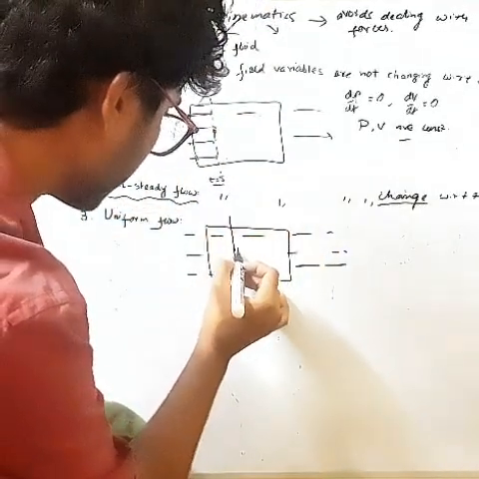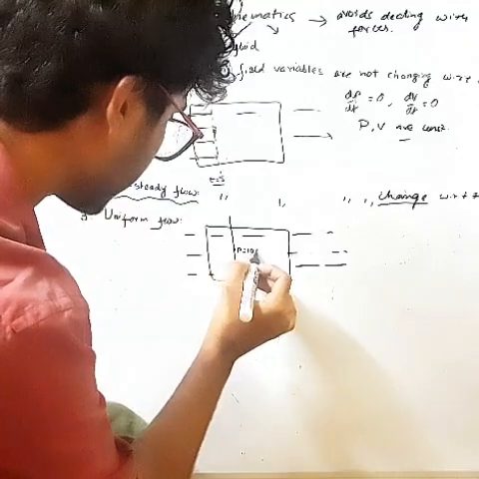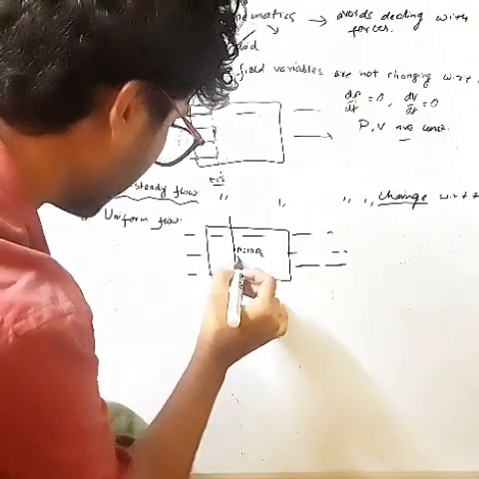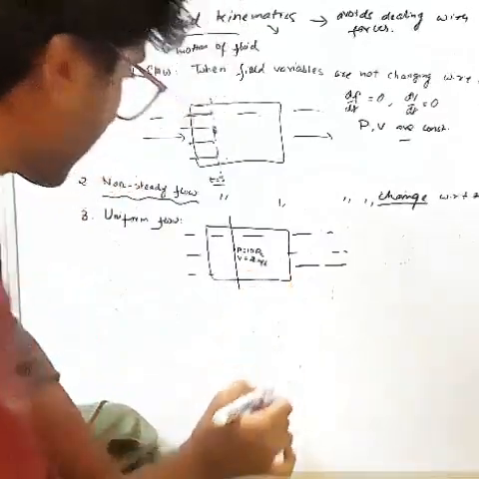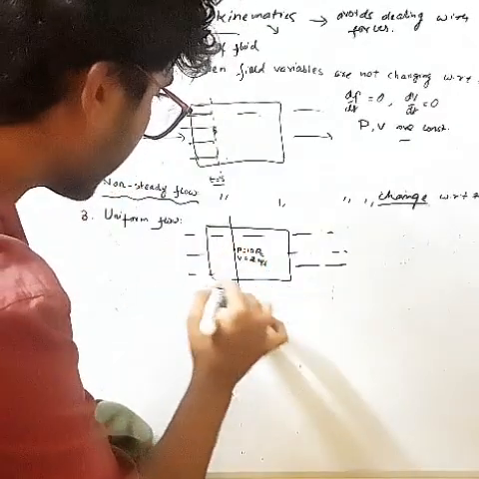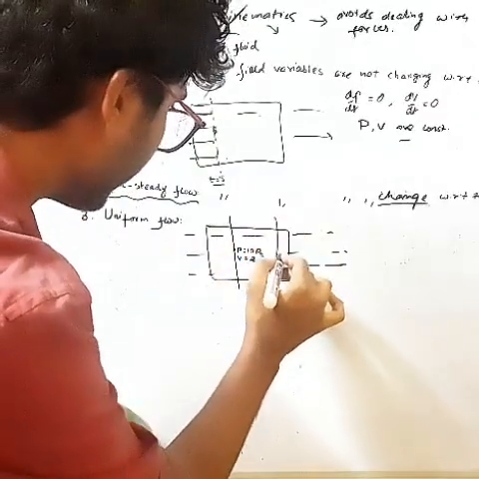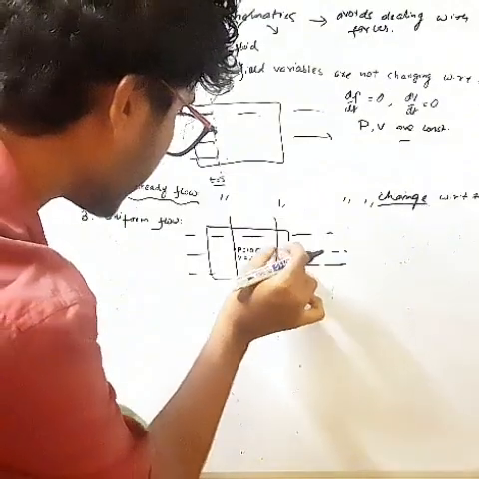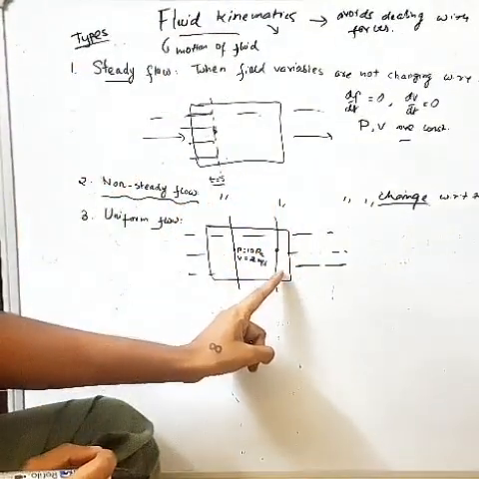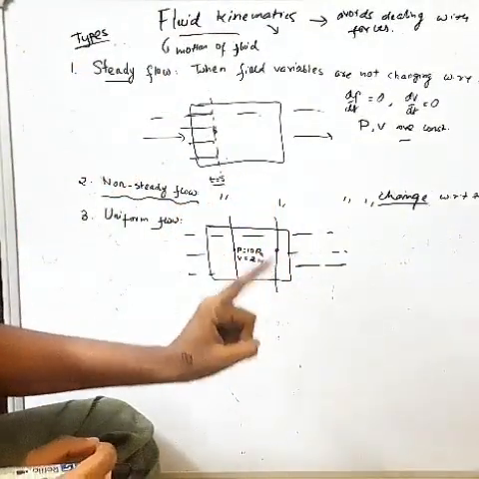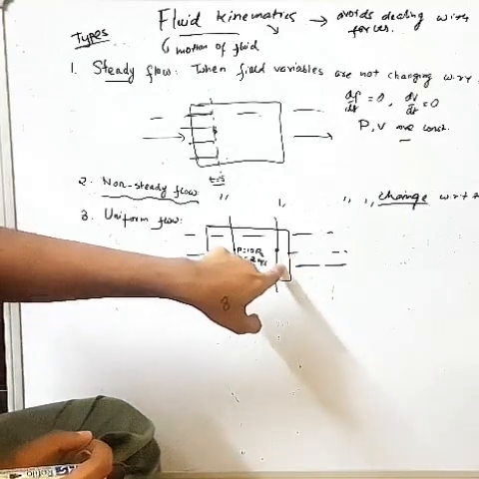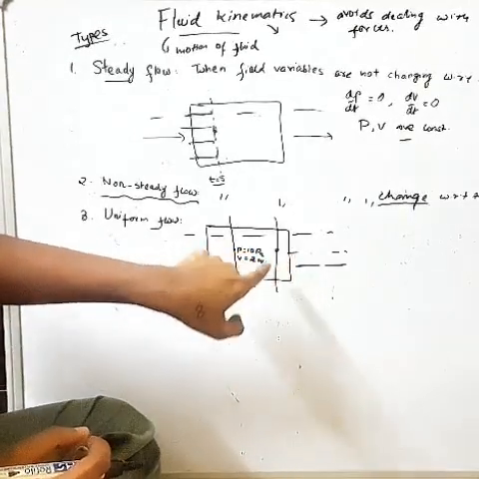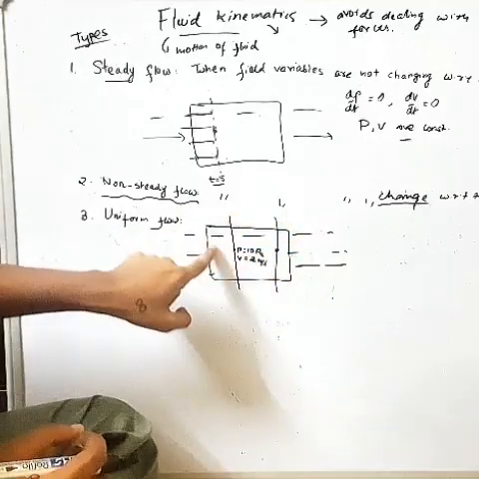Suppose here the pressure is 10 pascal and velocity is 2 meters per second, and the fluid is passing here. If we see the velocity of this particle, we will see that the pressure and velocity are the same for this particle too, and every particle here.